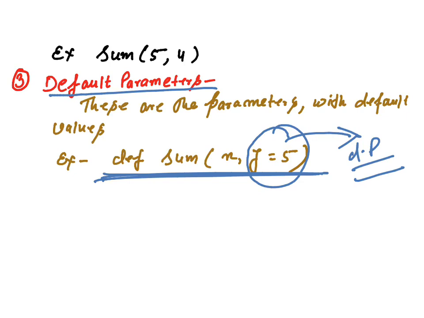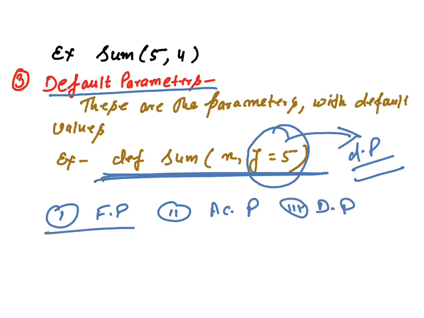I hope it is clear that there are three types of parameters: the formal parameters, the actual parameters, and the third one, the default parameters. Now I will explain through the example.